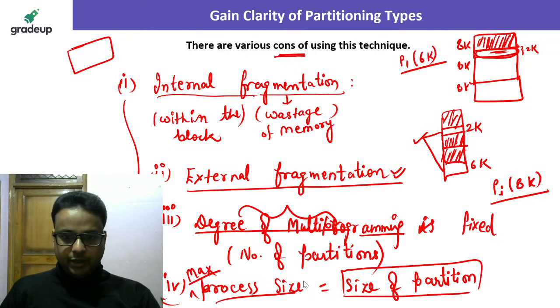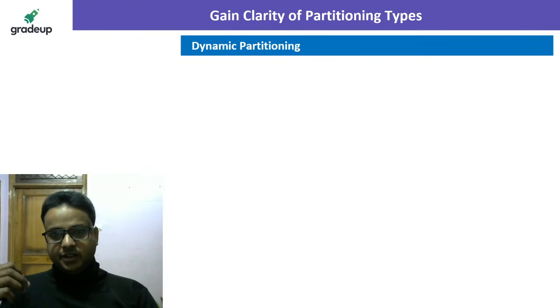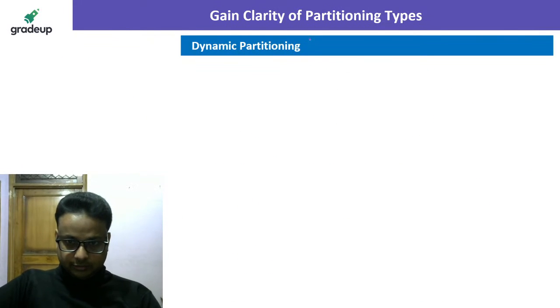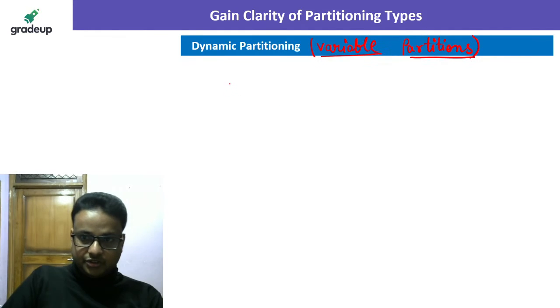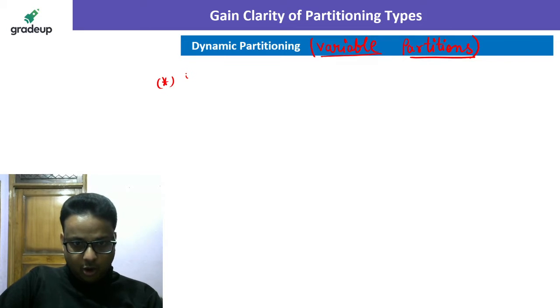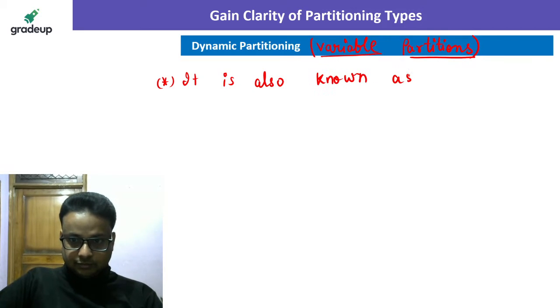Now the next one. The first was fixed partitioning, and the second is dynamic partitioning, or variable partitioning. It is also known as MVT.